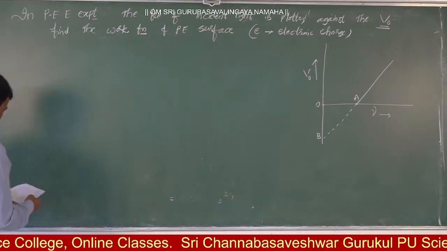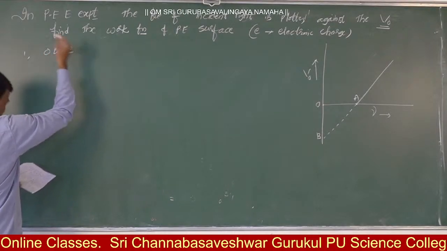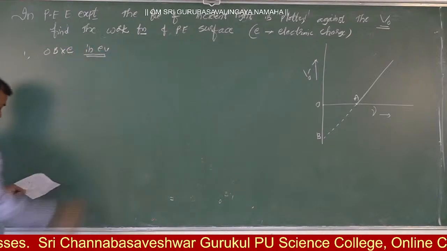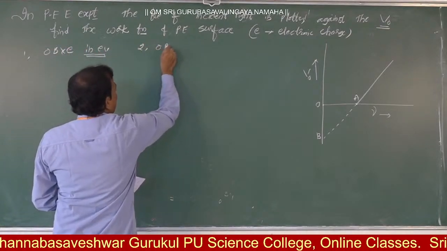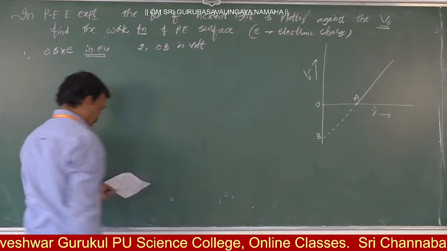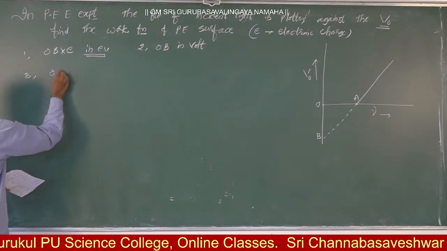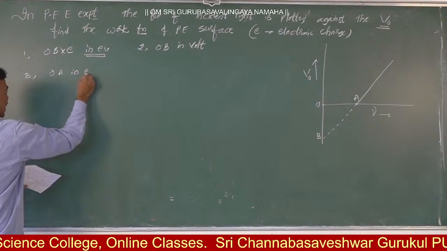Write the first option: OB into e, units in electron volt. Second option: OB in volt. Third one is OA in electron volt.